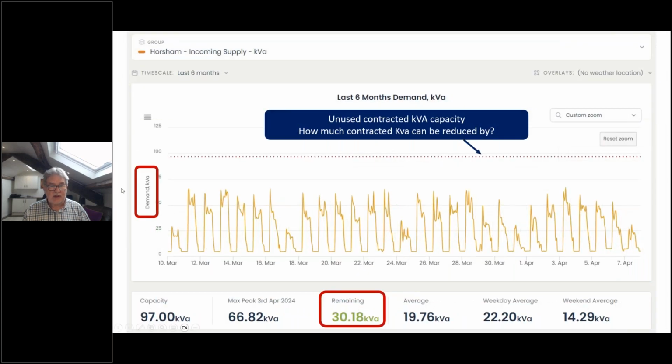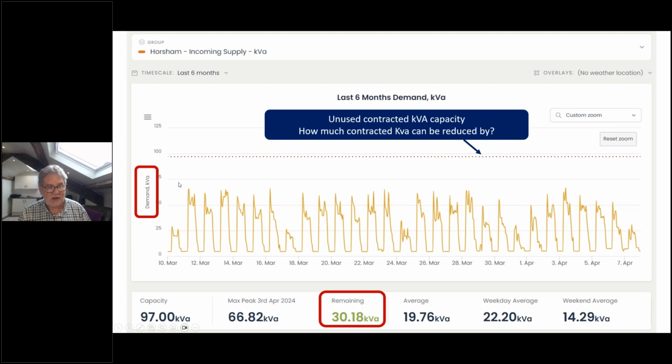Another one is a demand screen. It looks very similar, but it's a different part of the software or the platform. In this instance, it's looking at kVA. The red dotted line is the contracted kVA from the grid, and this is the kVA used on site. So out of 97 kVA contracted capacity from the DNO, it peaked out at 67, and there's 30 left.